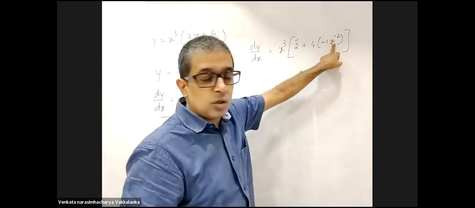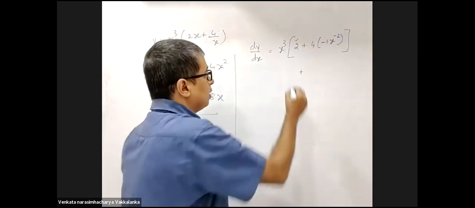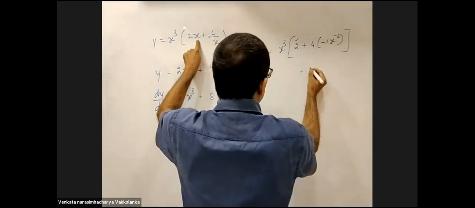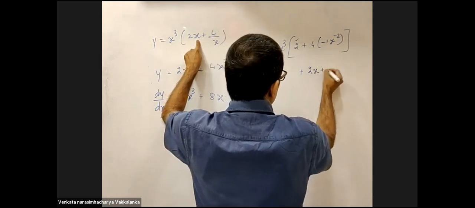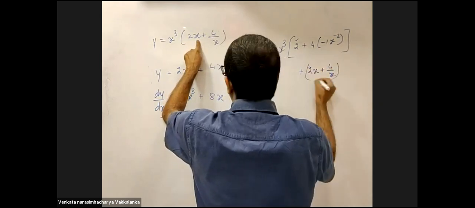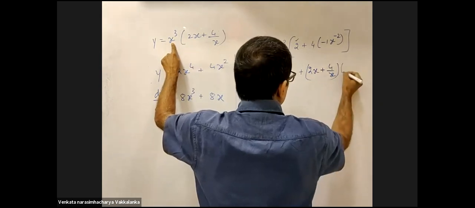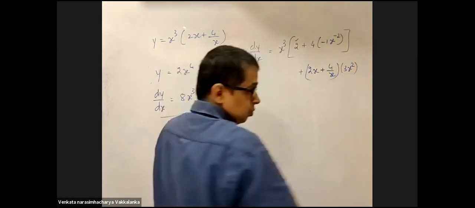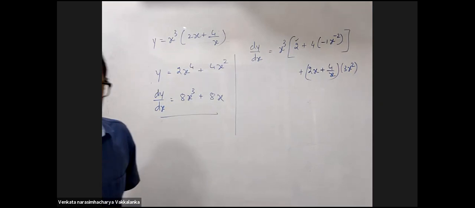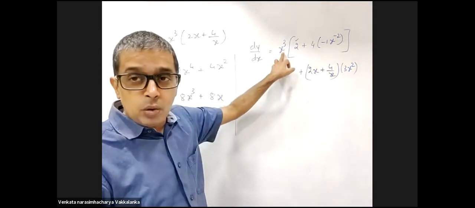And x to the power n minus 1. Plus, keep this as it is: 2x plus 4 by x into differentiation of x cube, which is 3x squared. I kept x cube as it is.